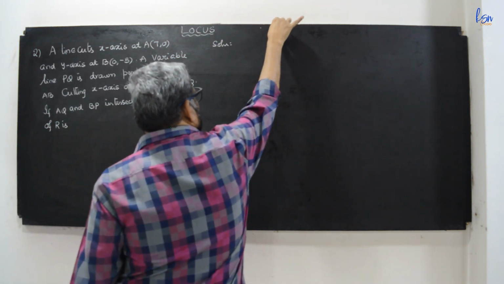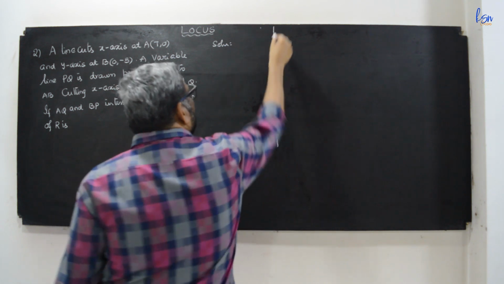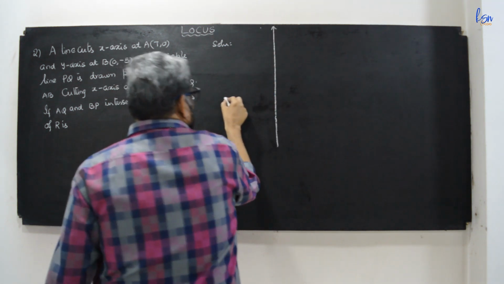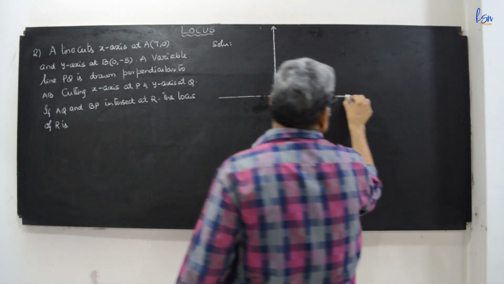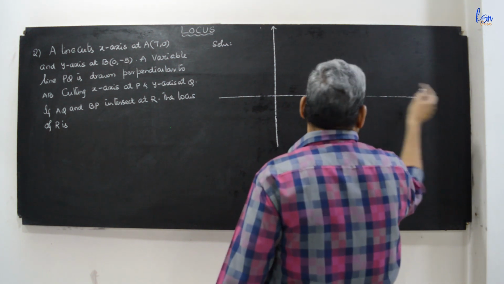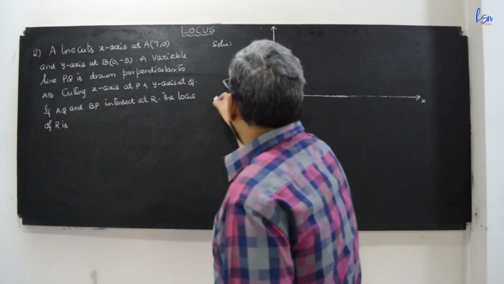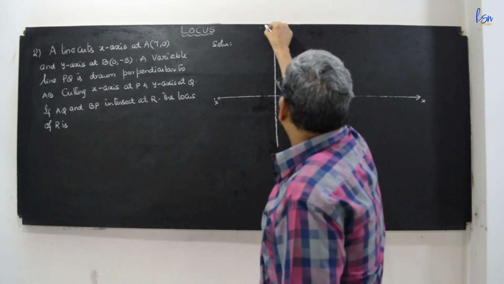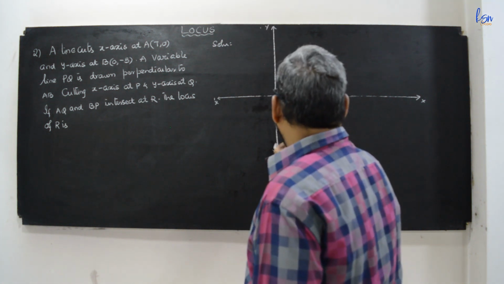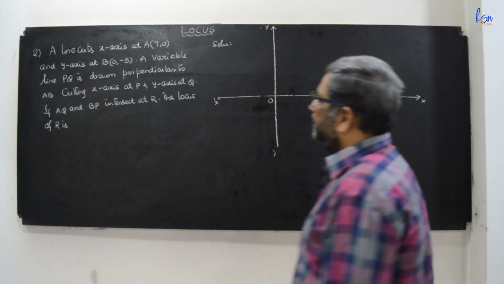Let us consider the coordinate axes. This is the x-axis, this is x dash, the negative x-axis, y dash, and of course this is the origin.